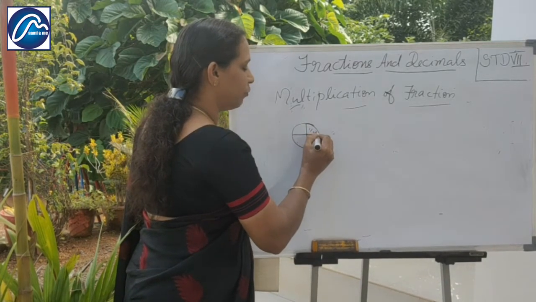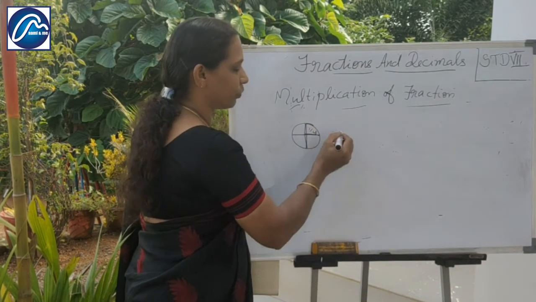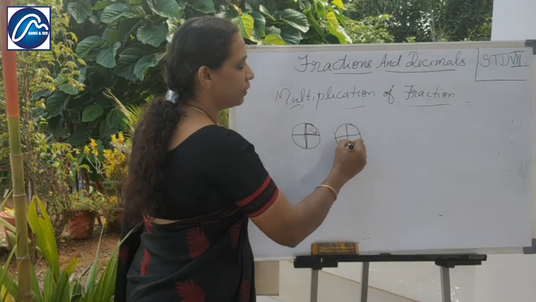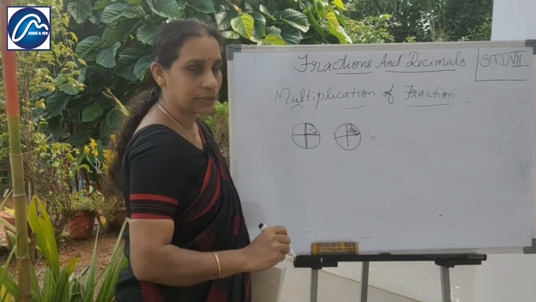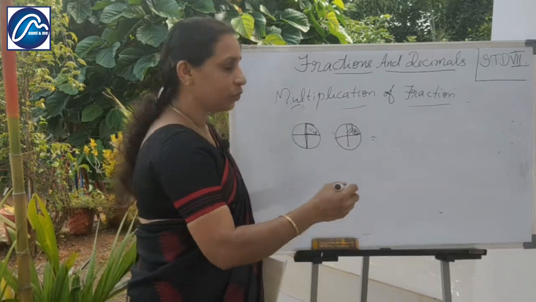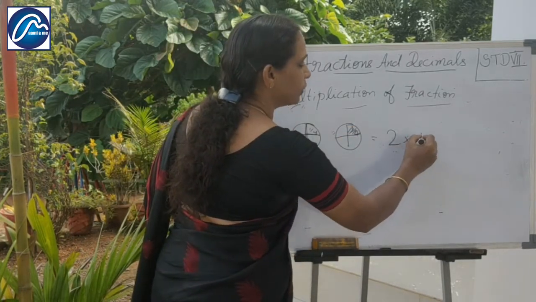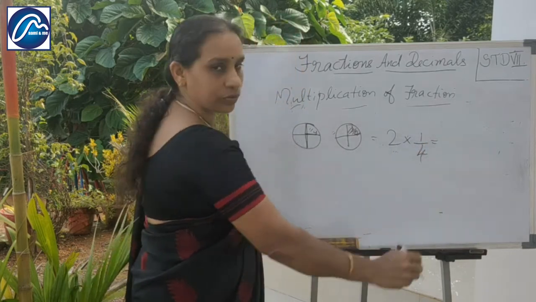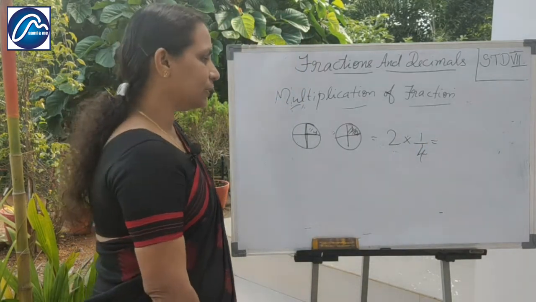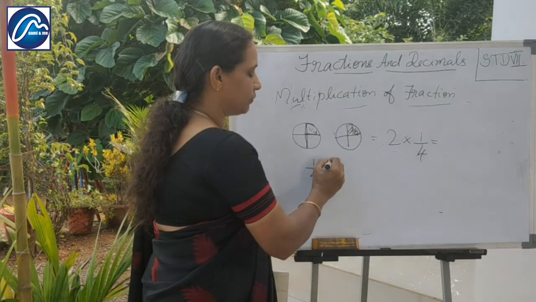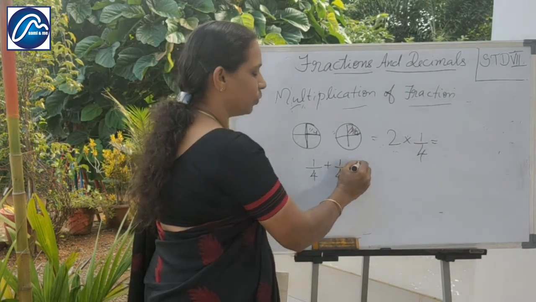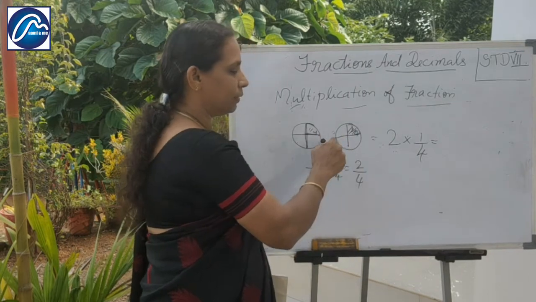This is 1 by 4, and here also 1 by 4. How many 1 by 4s are there? Two 1 by 4s. So, how do we calculate this? 2 into 1 by 4. That is 1 by 4 plus again 1 by 4, that is 2 by 4.